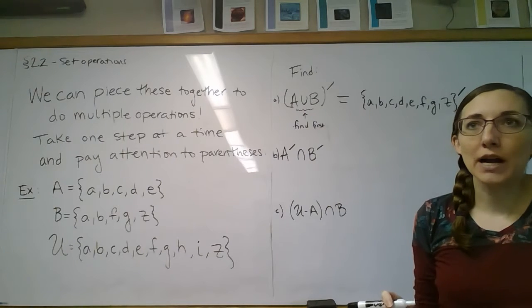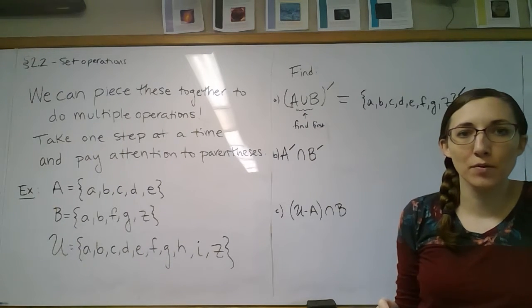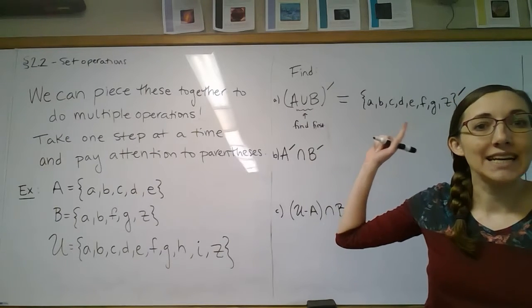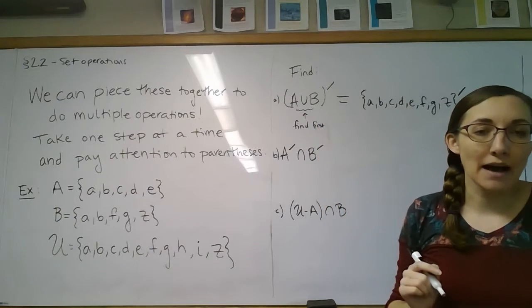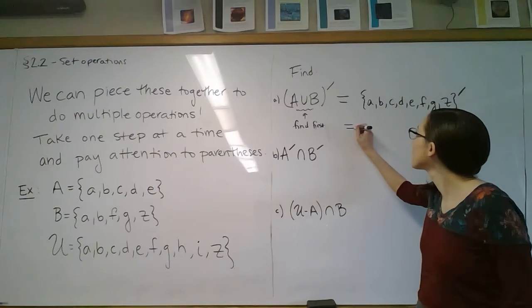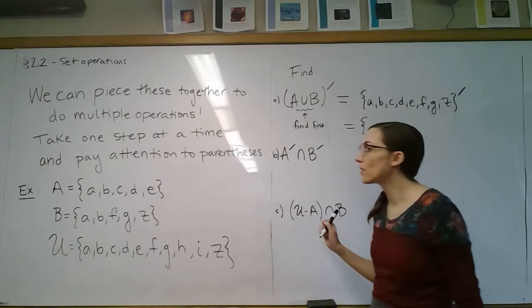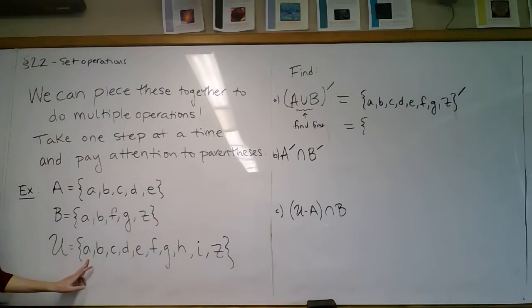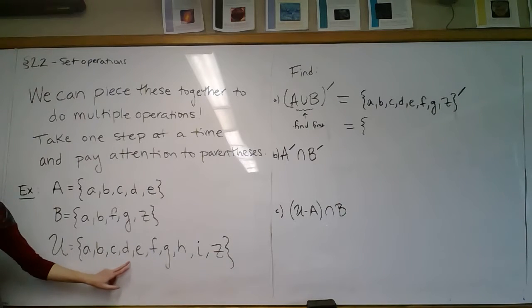Now the definition for complement, we have to remember what it was: it was everything that's basically not in that set. So we're going to look at the universal set, and we're going to look for the opposite of what's up there. We're going to get rid of A, B, C, D, and E, because those are all listed over there.